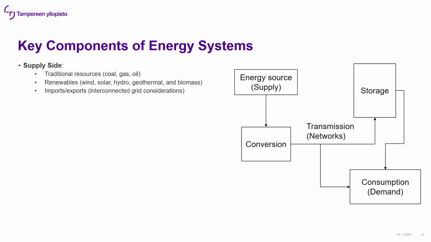Renewables: wind, solar, hydro, geothermal, and biomass. Unfortunately, we don't have the possibility of making geothermal energy in Finland. There was a test in Otaniemi, a 6.4 kilometer deep borehole that made district heat, or was supposed to, but there wasn't enough circulation in the borehole.